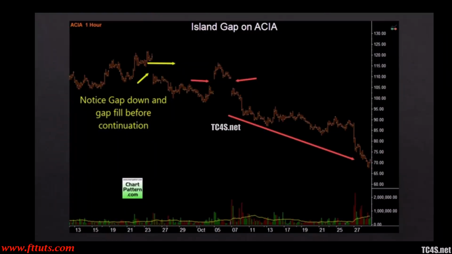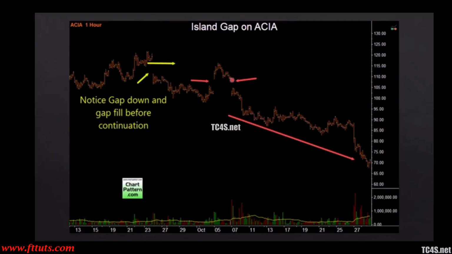Notice that one of our favorite names recently that was beautiful to the upside and a nightmare to the downside if you held this, which we didn't. But Acacia, ACIA, on the hourly chart, notice this had a gap down right here, and price came back up, and actually right here, it gaps up toward filling this prior gap and then gaps down, and it left a complete island alone.